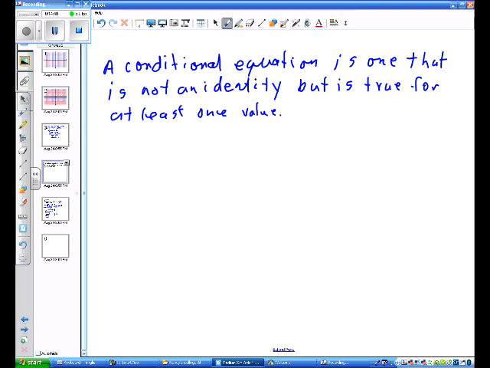Okay, it's not an identity, so it's not true for all values of x, but it's true for at least one value. An example, we've been working a whole bunch of conditional equations.